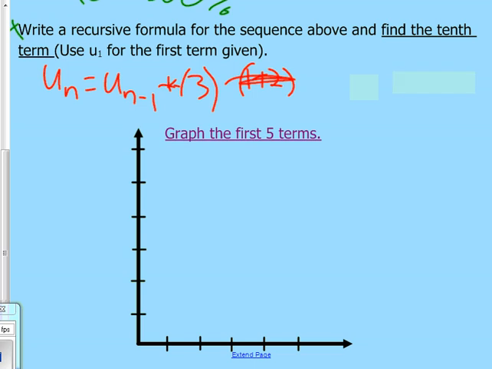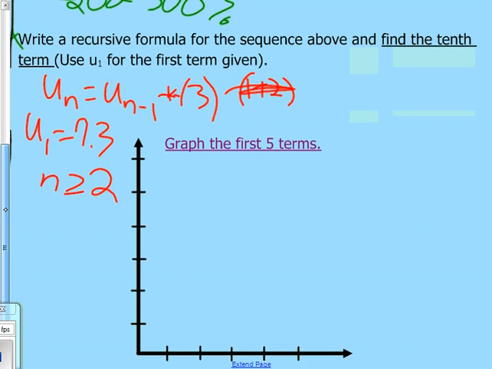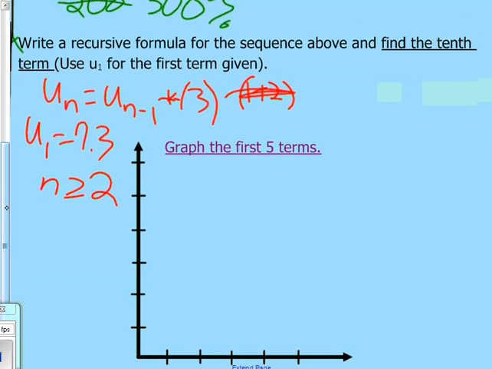What else needs to go in this function? 7.3 or 2. Yep, exactly. Because it is off of 1, or technically you could have put whatever. Yes, because you did 1 there, you needed 2 there.